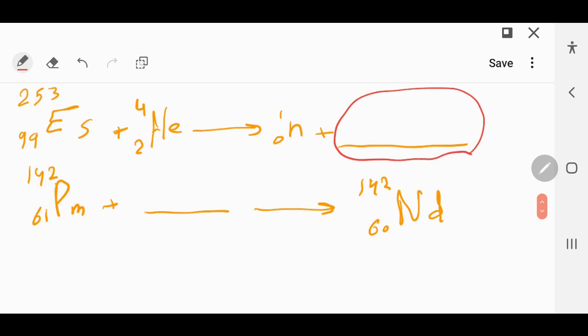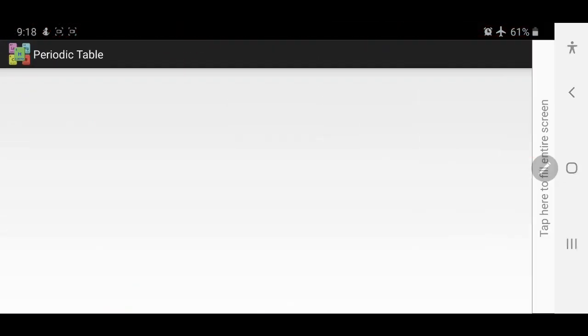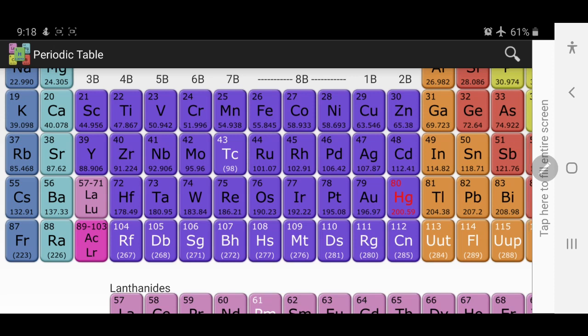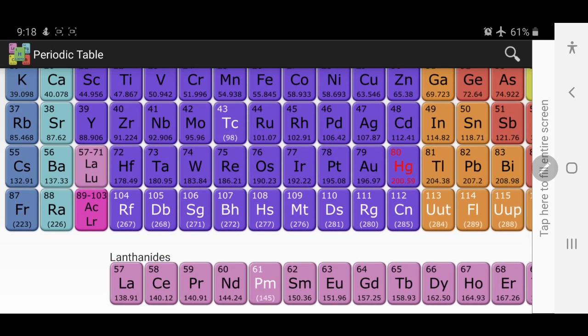So first, the atomic number must be 101; we add 2 with 99. Now we go to the periodic table and see which element has atomic number 101.